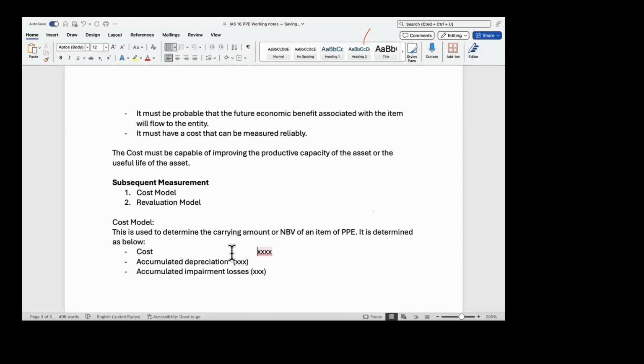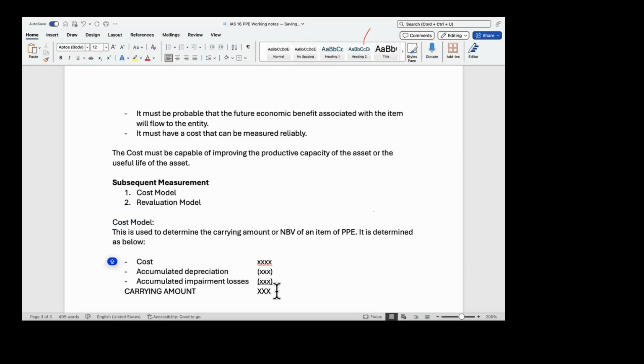So when you do this, cost minus accumulated depreciation minus accumulated impairment losses, do you know what it gives to you? It gives you the carrying amount of these assets. You see, that's why they call this the cost model. You will see that it is actually a formula.